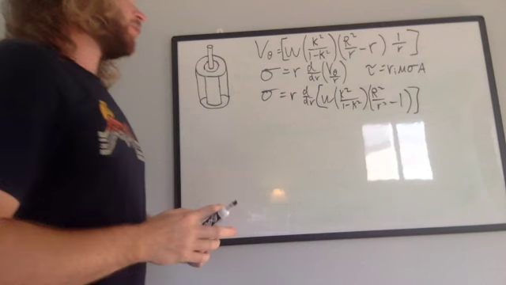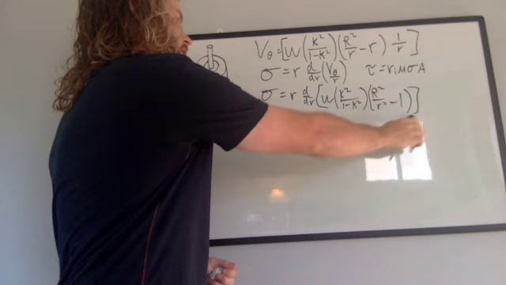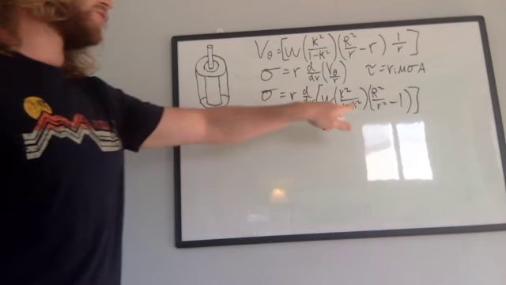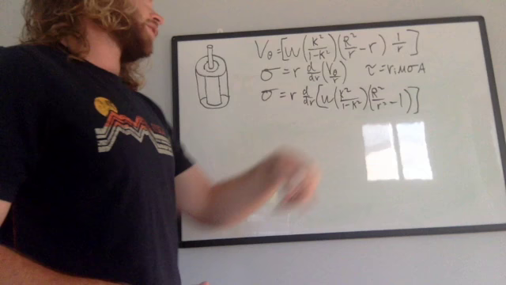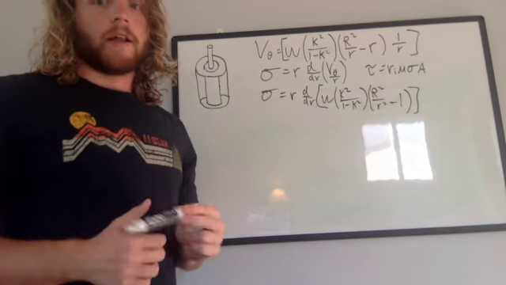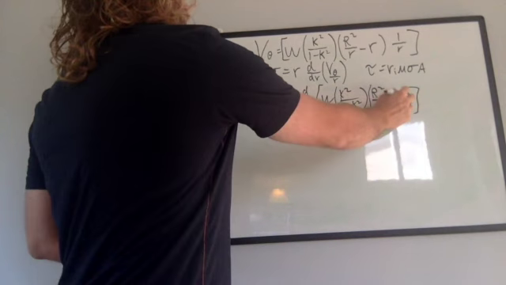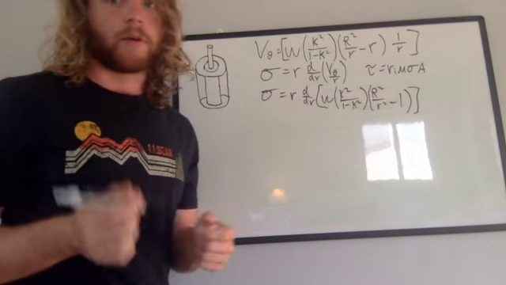Now what we're going to want to do is take a derivative of this expression right here, with relation to little r. So pretty much all we're going to be doing is taking the derivative of this right here, right? This 1 is a constant, so that's just going to go away. We're not going to have to worry about that.